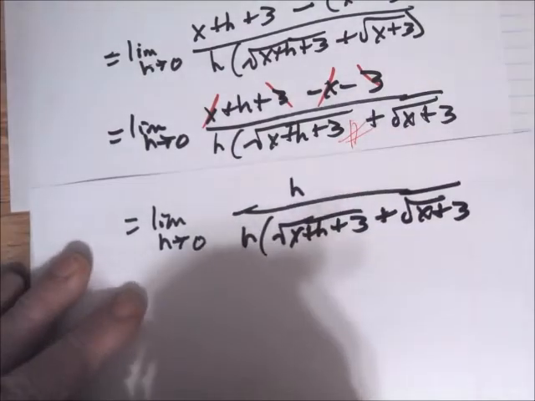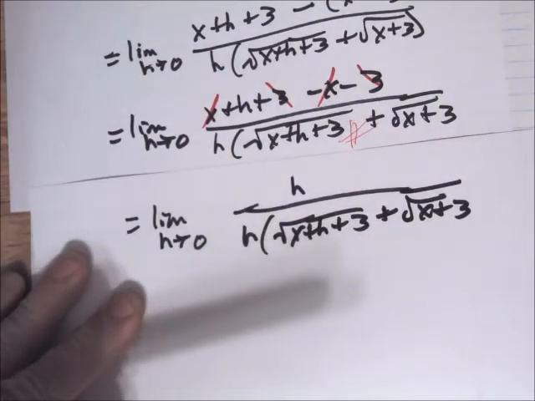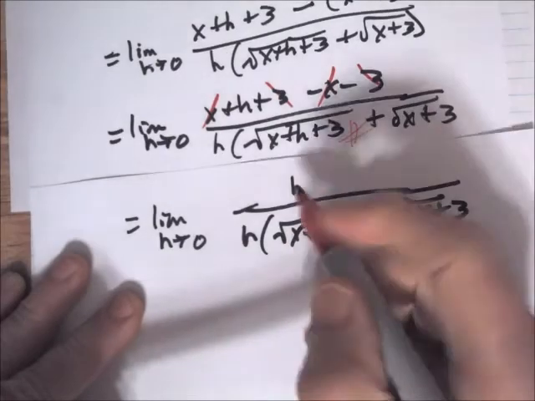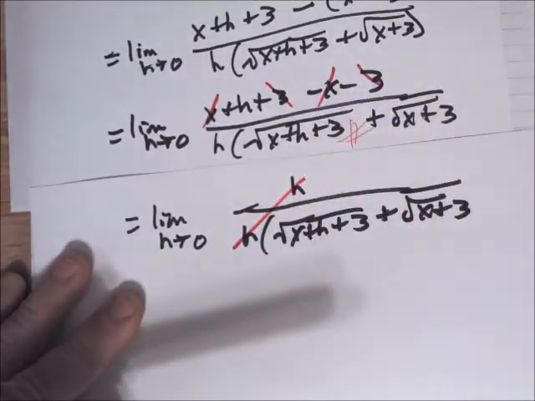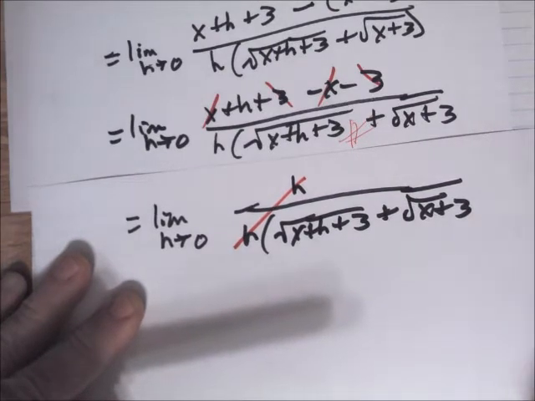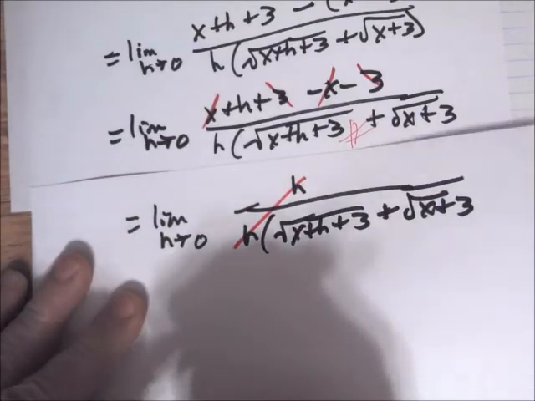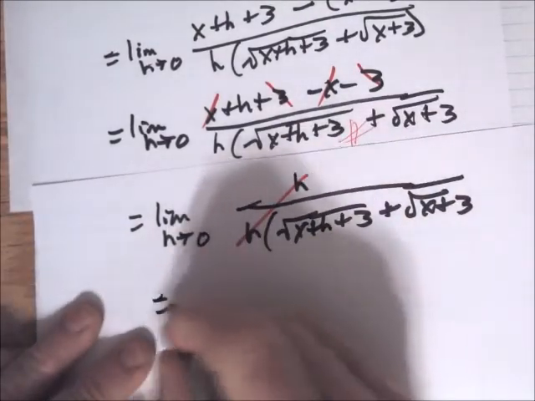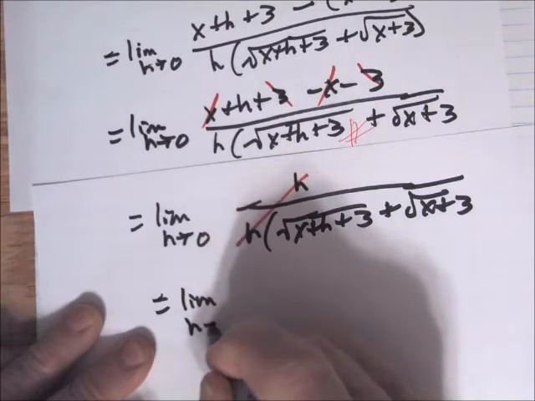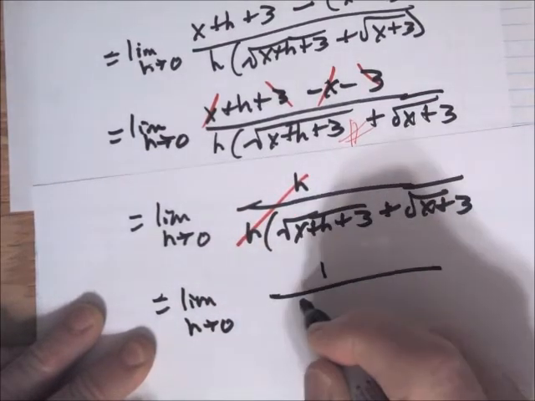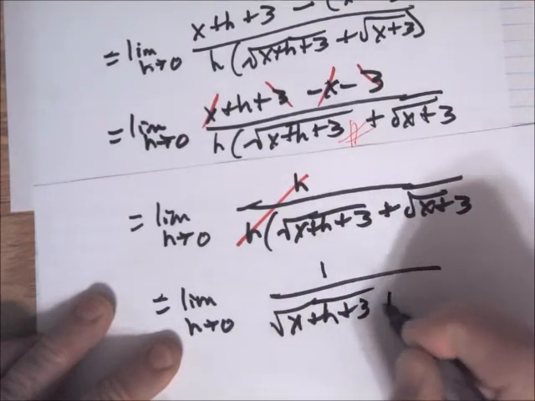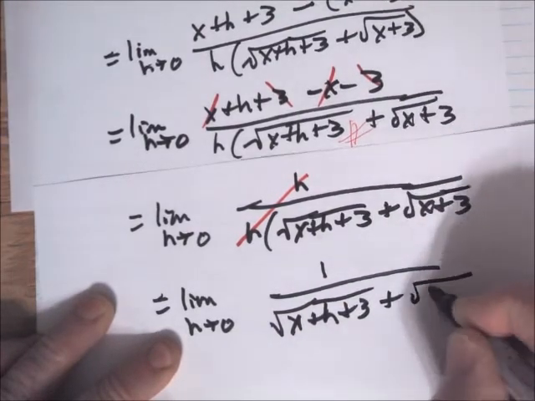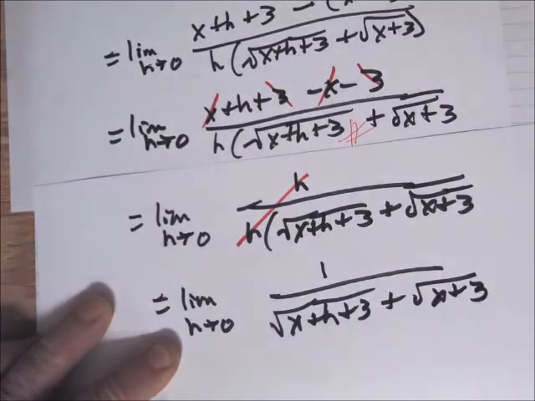And now we can cancel the h's on the top and the bottom. Until we cancel the h's, we have 0 over 0, which is indeterminate, but now we can cancel the h's, and we'll have the limit as h goes to 0 of 1 over square root x plus h plus 3 plus square root x plus 3. And now we take the limit.